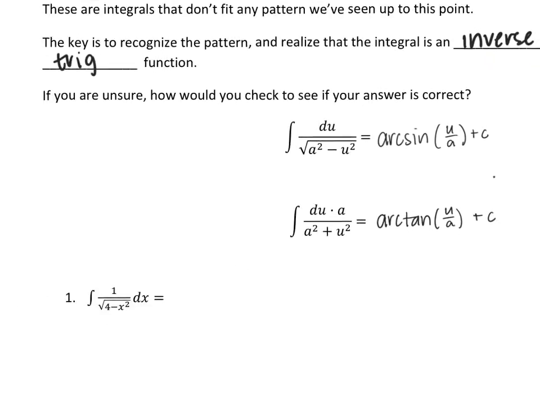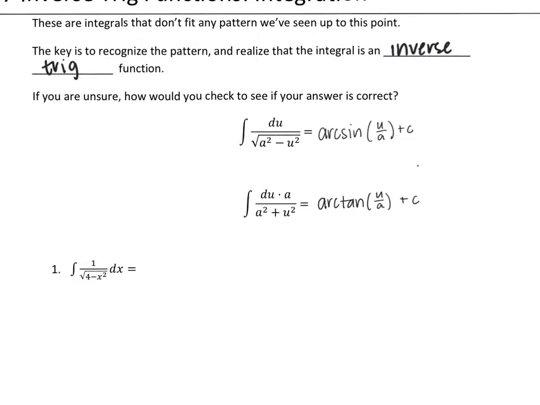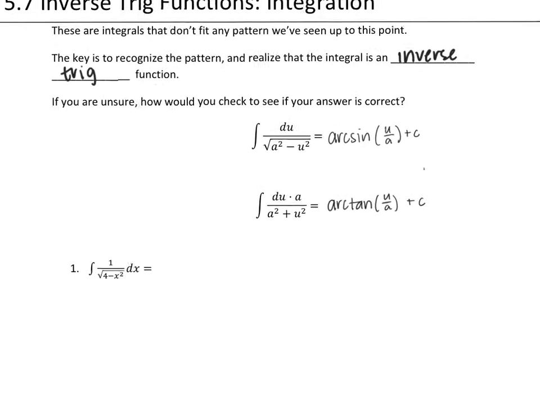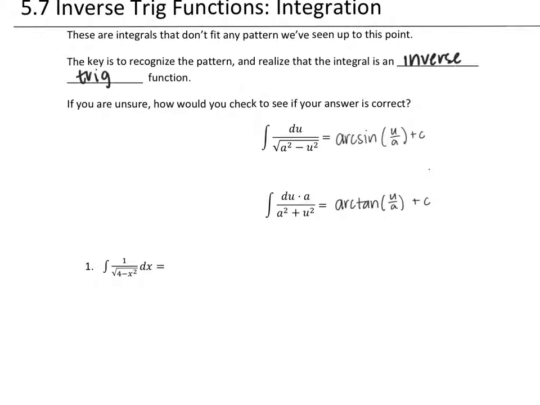So you can try and do a u substitution for these, but it is honestly going to be faster and more beneficial if you recognize the derivative pattern. So if you say that derivative looks like the derivative of arc sine, or that derivative looks like the derivative of arctangent. Now I'm gonna explain a thought process that I want you to go through every time you see a quotient.